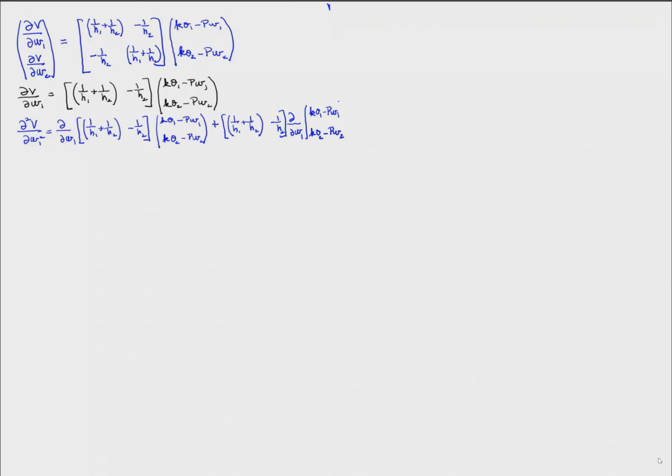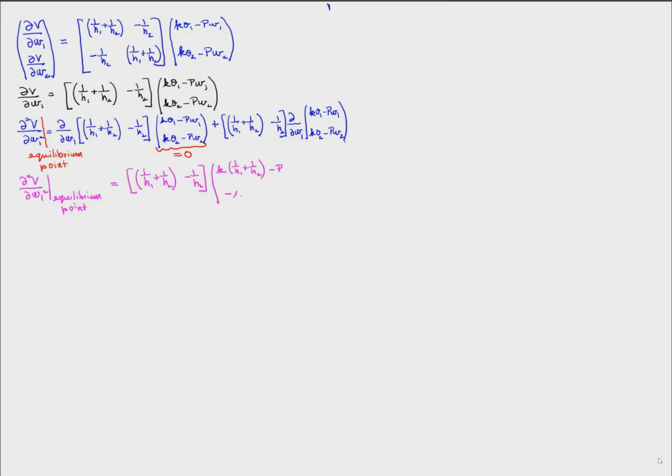Now if we were to evaluate the second derivative at an equilibrium point, we know that that vector is 0 because those are the equilibrium equations from the free body diagram approach. So at an equilibrium point, the second derivative has a simpler formula, which is the first matrix.